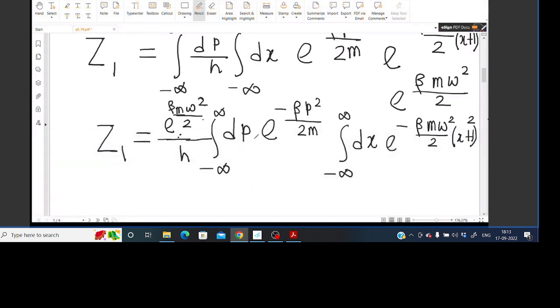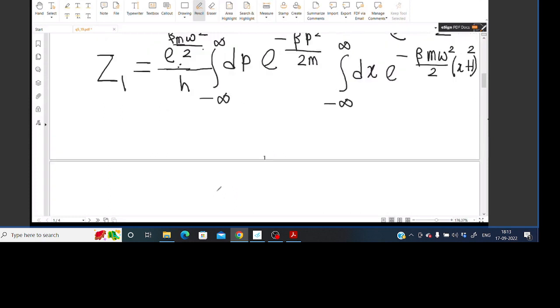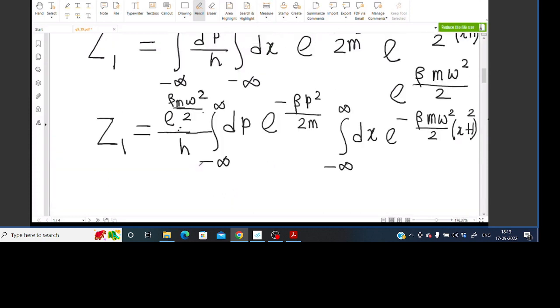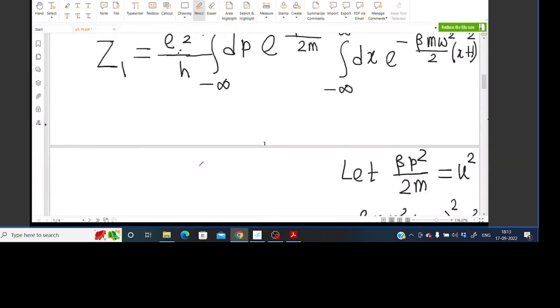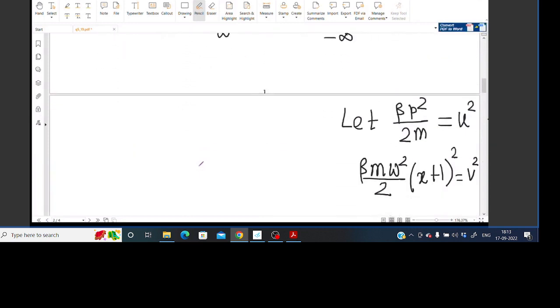Now we'll evaluate these two integrals. To evaluate these two integrals, we consider that beta p square by 2m equal to u square and beta m omega square by 2 into x plus 1 whole square is equal to v square.